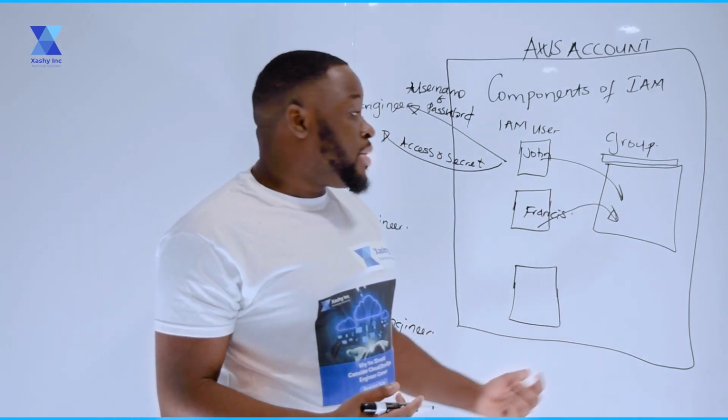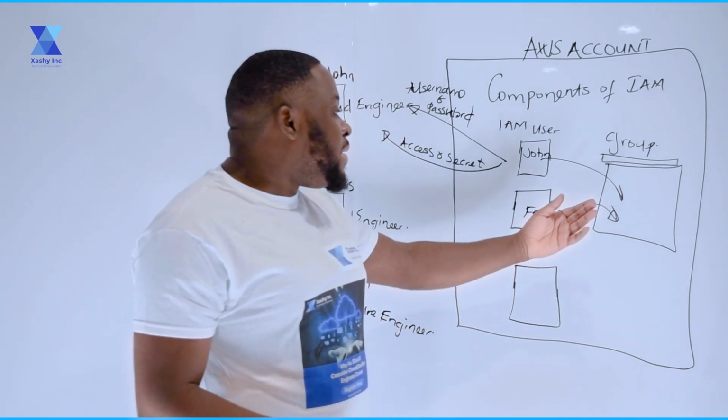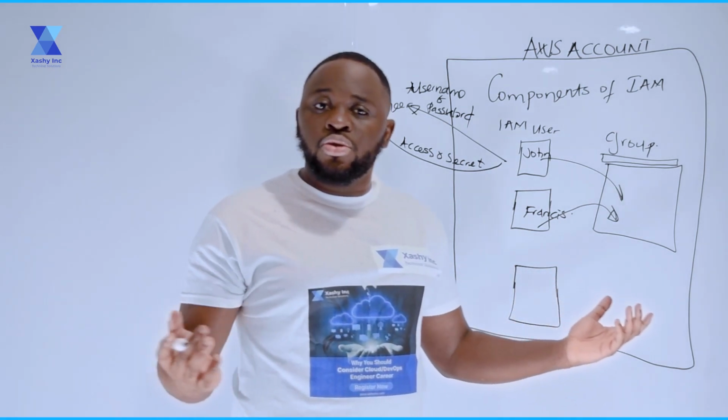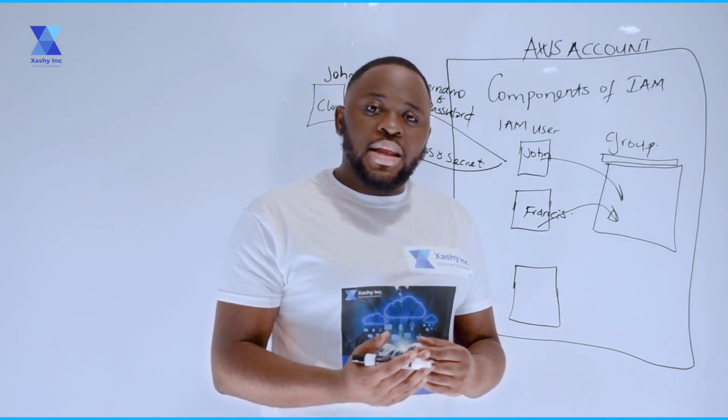Any permission that is allocated to that group affects all the users in that group. And anytime I detach a user from the group, the user loses the group permissions. And if I add a user to a group, the user automatically gets the permissions assigned to that group. That is simply what an IAM group is all about.